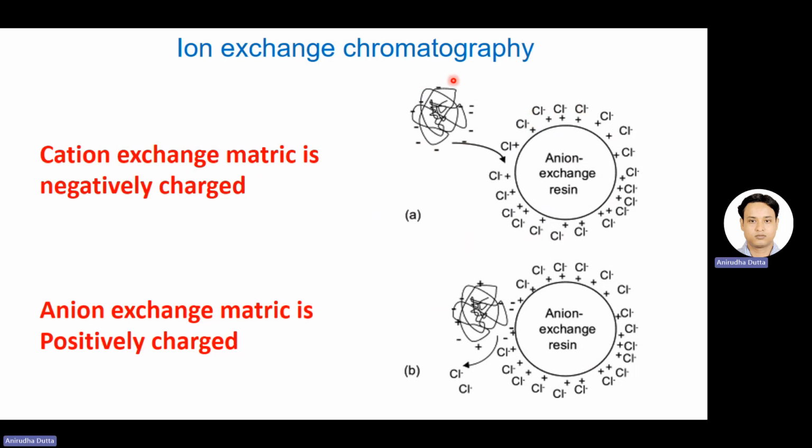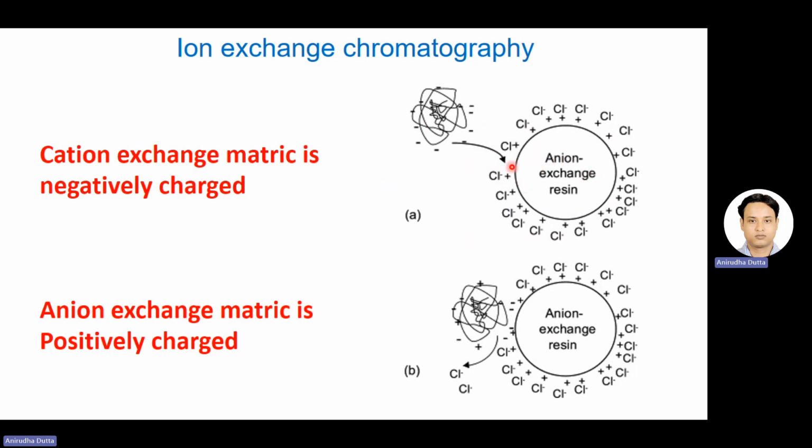Now the proteins which are net negatively charged would replace this chloride minus, or exchange the anionic ligand like chloride minus, and bind to the matrix. So what is happening here? The protein is exchanging the anion and binding to the anion exchange resin.